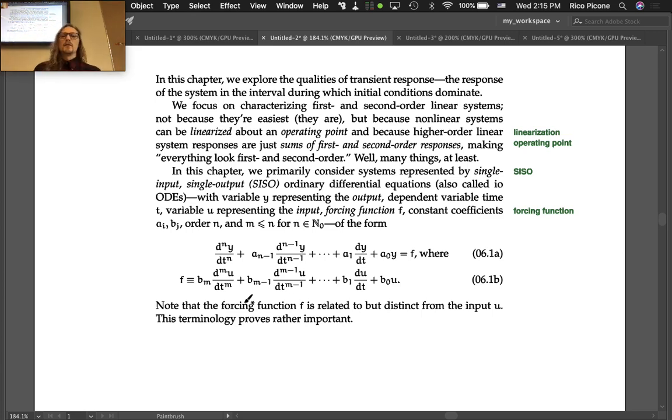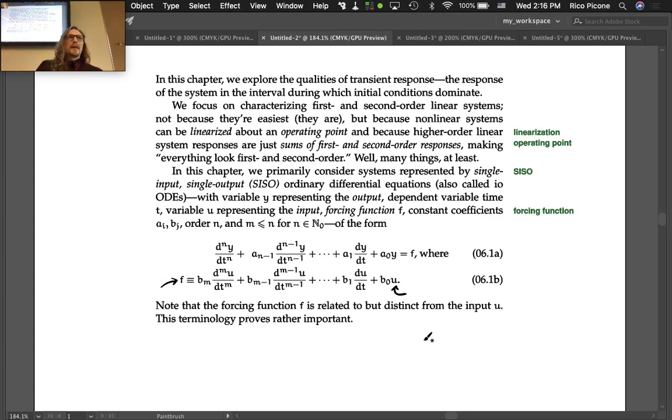Okay? So note that the forcing function f is related to but distinct from the input u. This is an important difference in terminology. So the input is there. The forcing function is the sum of all of these terms that depend on the input.